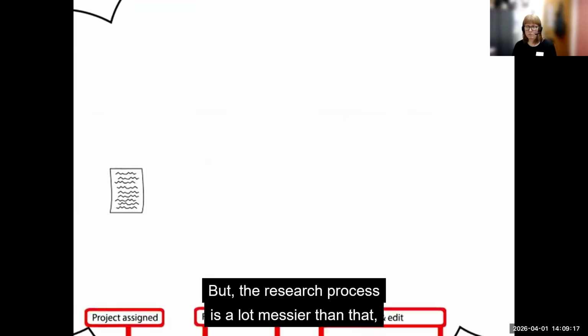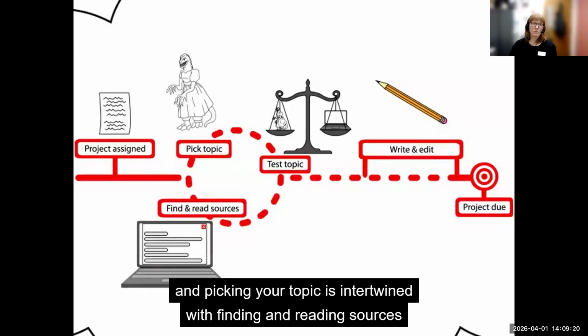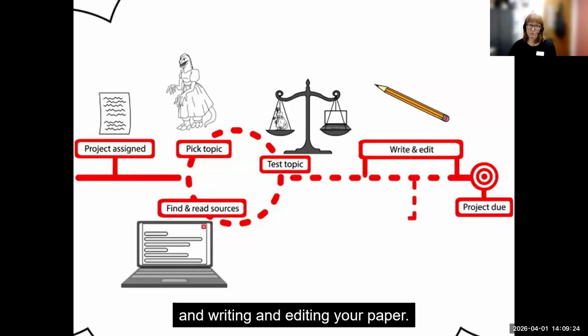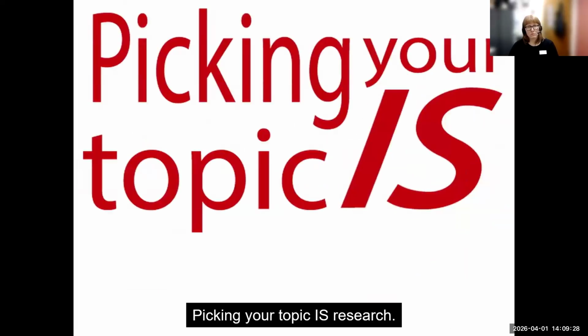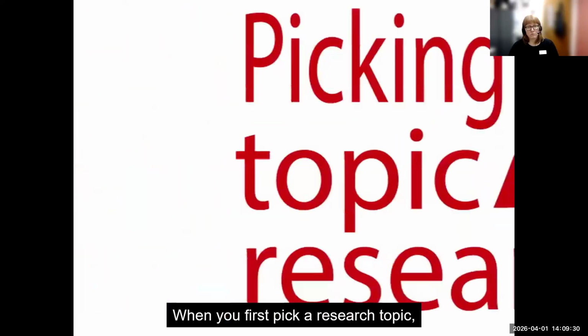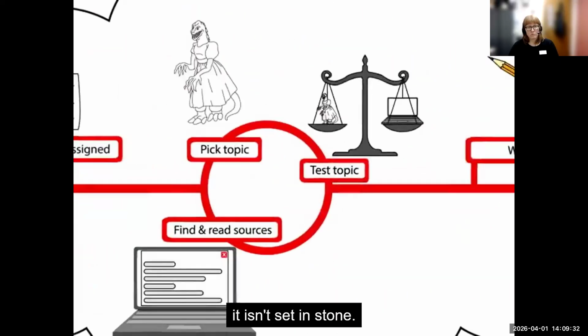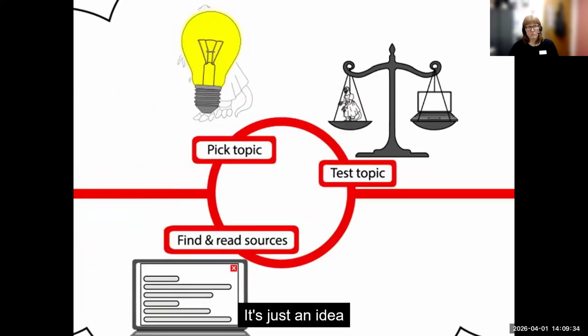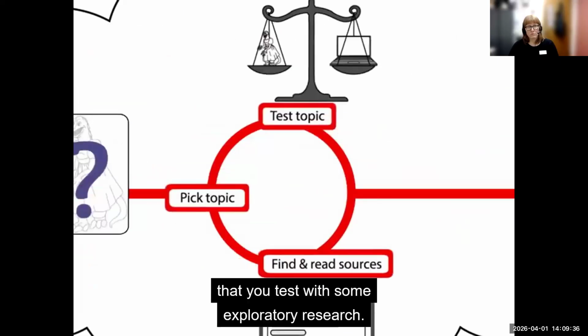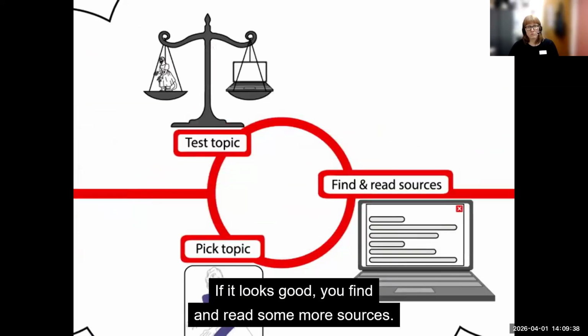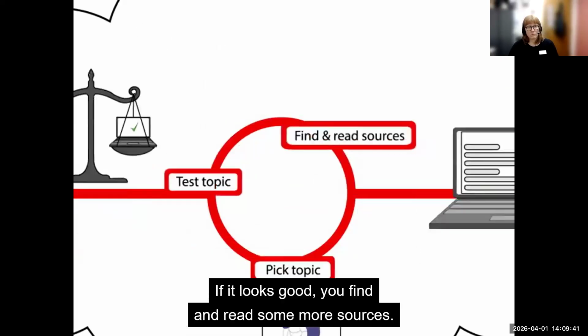But the research process is a lot messier than that, and picking your topic is intertwined with finding and reading sources, and writing and editing your paper. Picking your topic is research. When you first pick a research topic, it isn't set in stone. It's just an idea that you test with some exploratory research. If it looks good, you find and read some more sources.